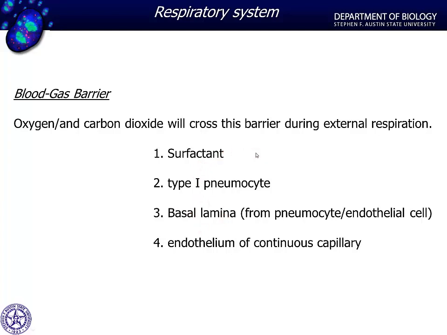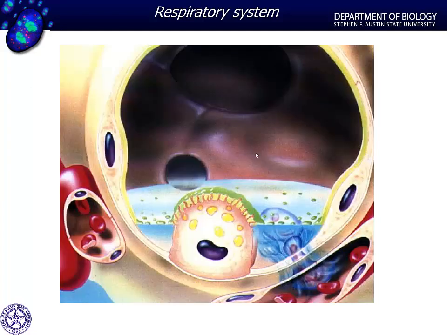That's the extent of our blood gas barrier. Here we can see the illustration. This shows a little fluid building up in the alveoli, but it shows our type 1 pneumocyte, type 2 pneumocyte with its lamellar bodies, and then the capillary showing the endothelial cell, basal lamina, the epithelium of our type 1, and then the surfactant. That's our blood gas barrier.